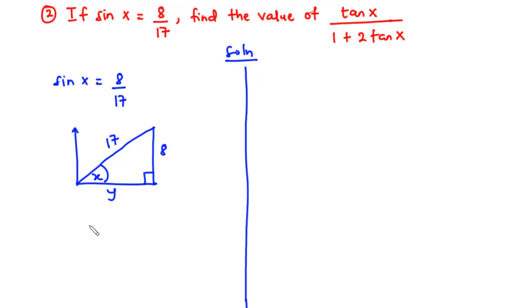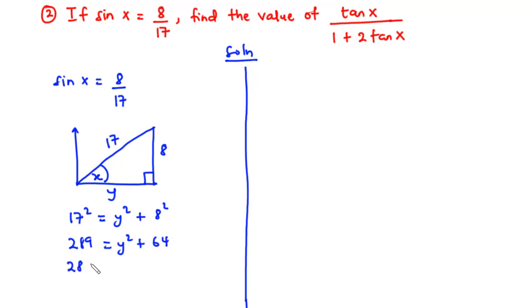Now let's find the value of y. According to Pythagoras theorem, the square of the hypotenuse is equal to the sum of the squares of the two sides. So that is y squared plus 8 squared. 17 squared is 289 equals y squared plus 8 squared, which is 64. We transpose this to the left hand side.